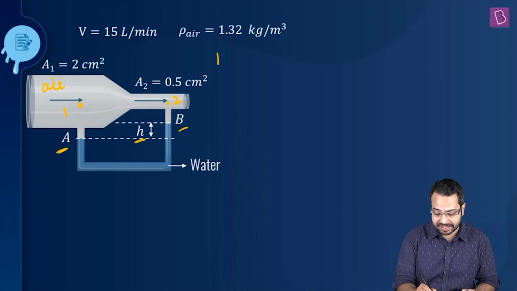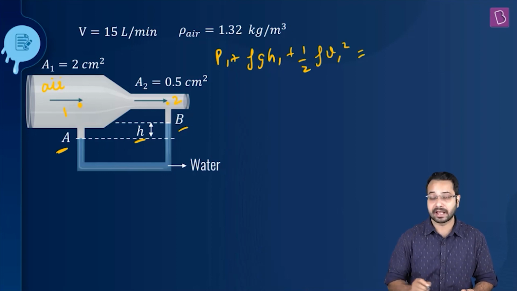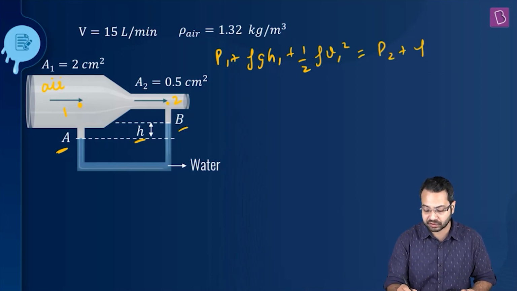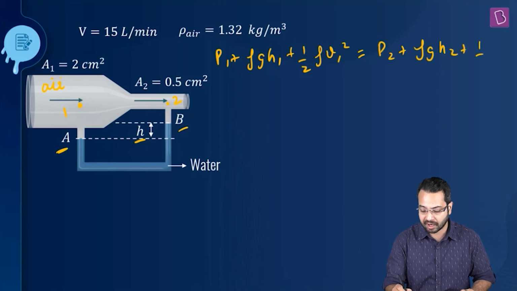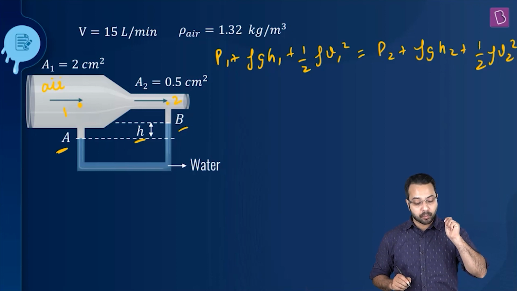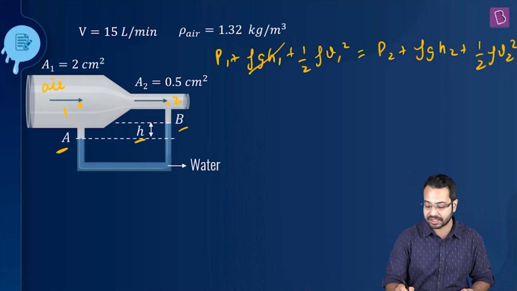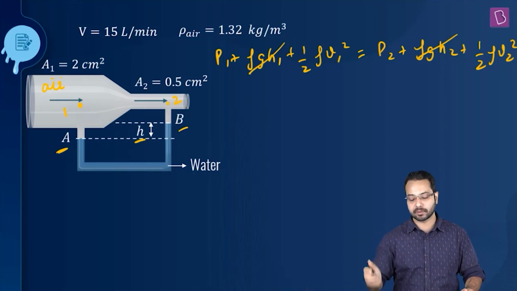And Bernoulli's equation tells me that P1 + ρgH1 + ½ρV1² has to be equal to P2 + ρgH2 + ½ρV2². Alright, now points 1 and 2 are at the same horizontal level, which means ρgH1 and ρgH2 can be cancelled from both the sides.